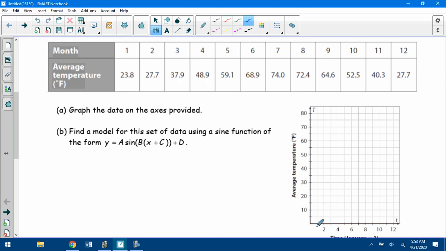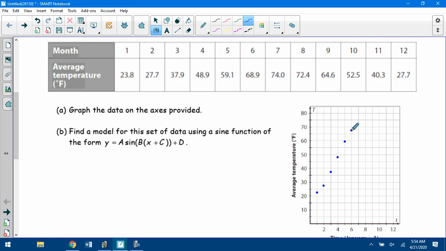So 1 is 23.8. So something like that. 2 is 27.7. We'll go there. 3 is 37.9. There. 4 is 48.9. 5 is 59.9. Almost 60. 6 is 68.9.